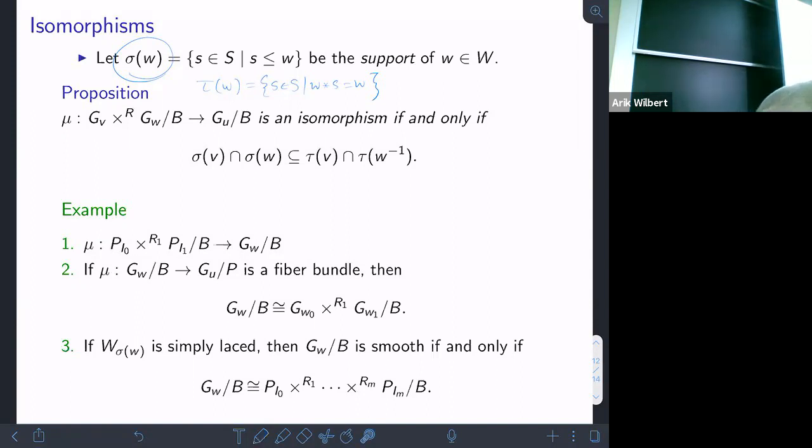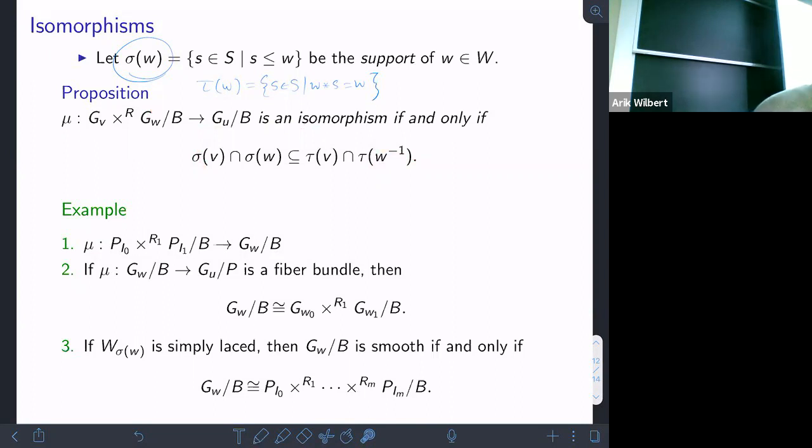One thing you can say is exactly when this map is an isomorphism, ignoring when this is smooth. For any D and any W here, it's an isomorphism if and only if the intersection of supports is contained in the intersection of tau invariants. So it's a simple combinatorial relation on exactly when the map is an isomorphism.